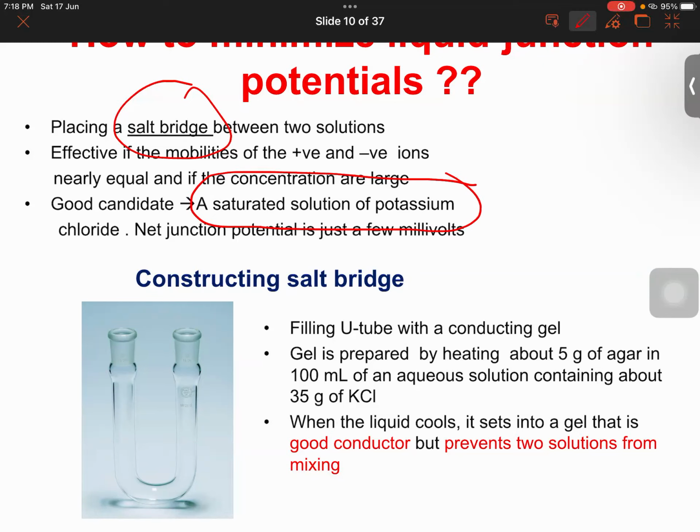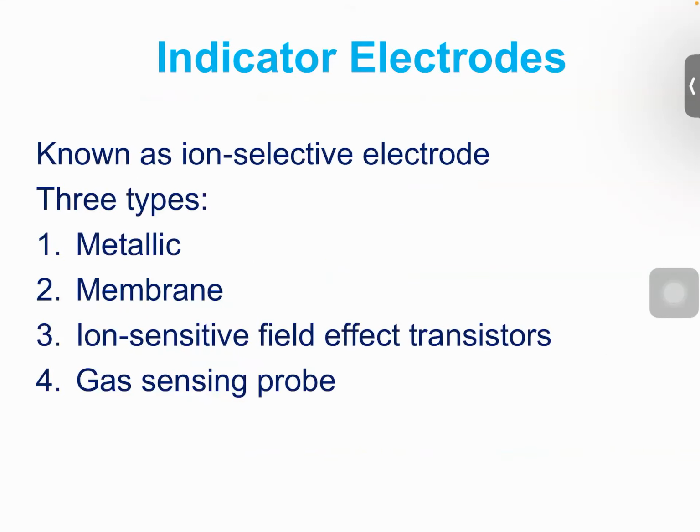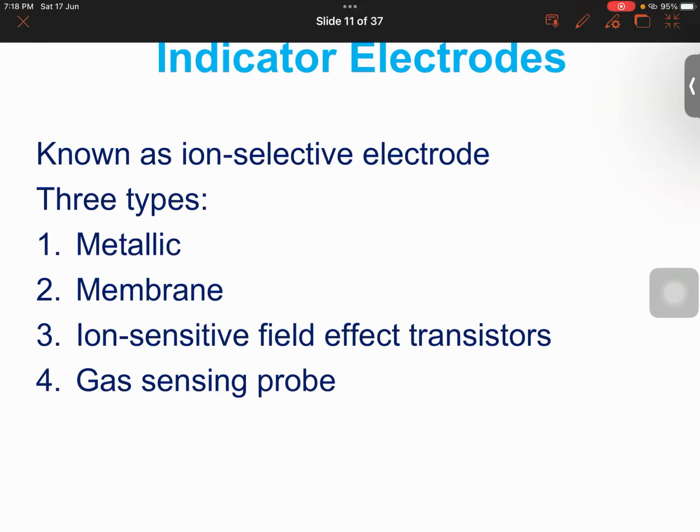So this will reduce the migration of ions from the high concentration to low concentration. And therefore, it can reduce the liquid junction potential. So those are reference electrodes and liquid junction potential.